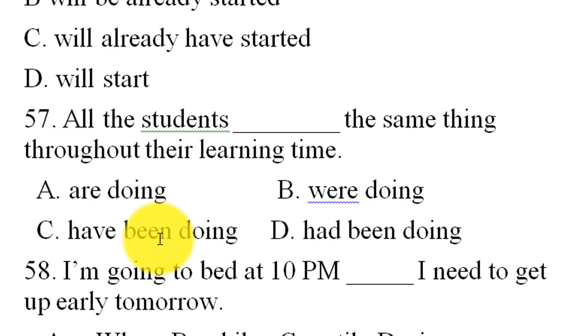So the answer should be here because it shows repeated action. For instance, I have been living here for years, repeatedly for years here, a repeated action from the past until the time we're speaking. One of the uses of present perfect continuous. I'll repeat once: I have been living for years here. So that's called repeated action, present perfect continuous. So the answer is C.